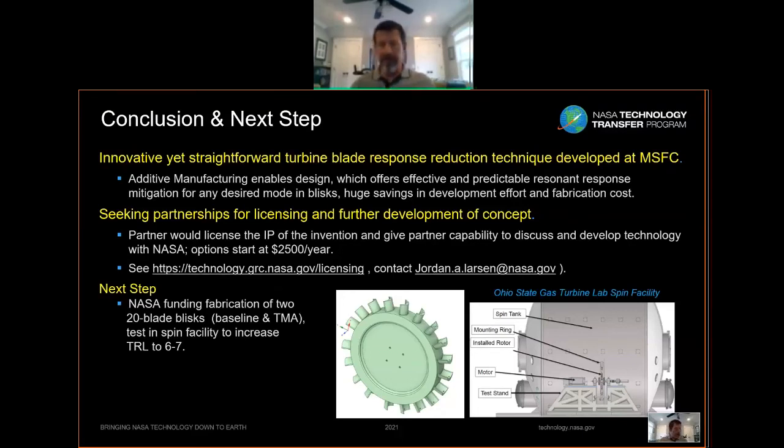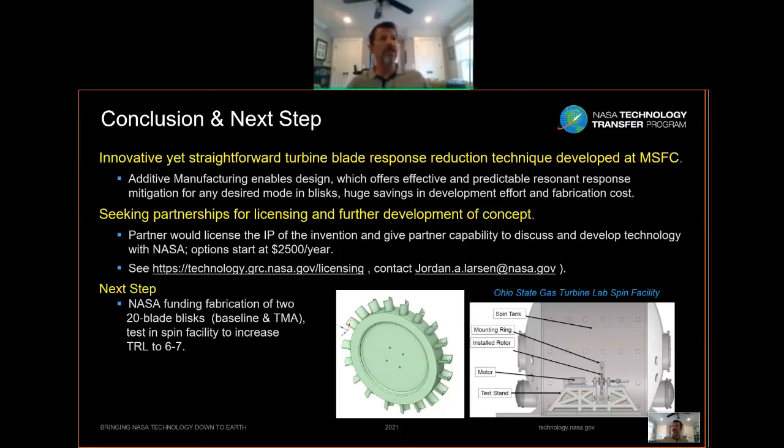You could do this potentially in certain types of blade designs without additive, but additive certainly makes it a lot more feasible to have the cavity inside the blade and the absorber inside the blade. And this offers an effective and predictable resonant response mitigation for any desired mode in blisks, with a huge savings in development effort and fabrication cost.